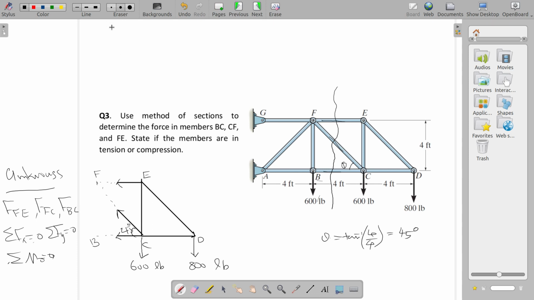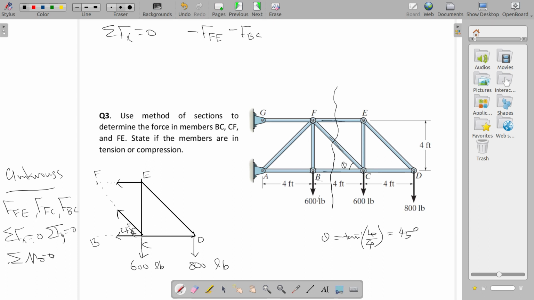So equation number 1 will be net force in x direction 0. So these two are completely vertical, so we don't need to consider. We have a minus FFE, which is towards left, so I've taken negative, and we have FBC.